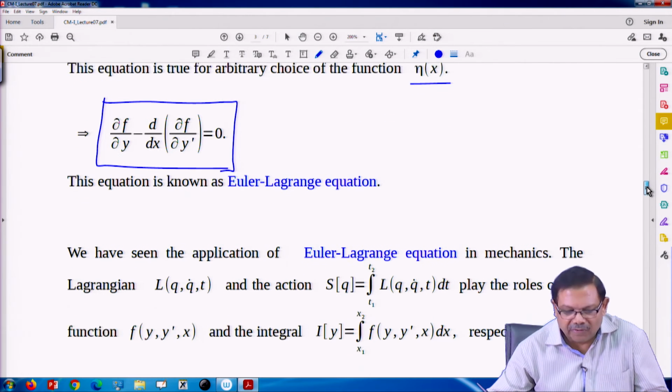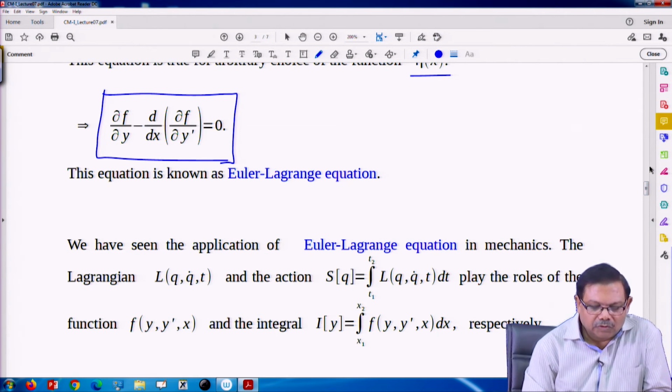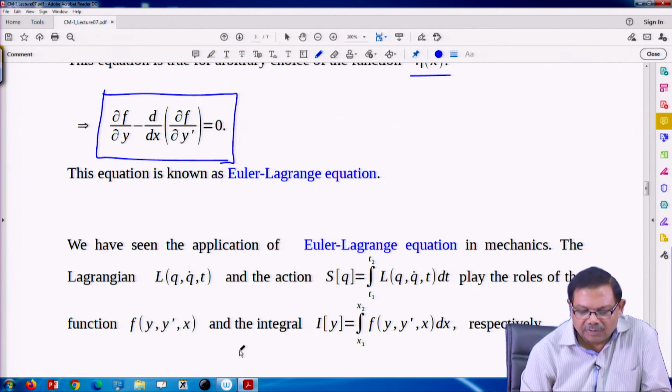So, what do we see here? We have seen the application of this Euler-Lagrange equation in mechanics earlier.